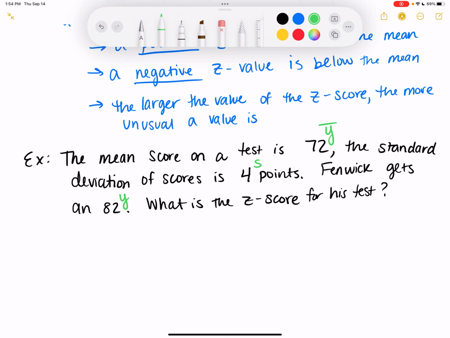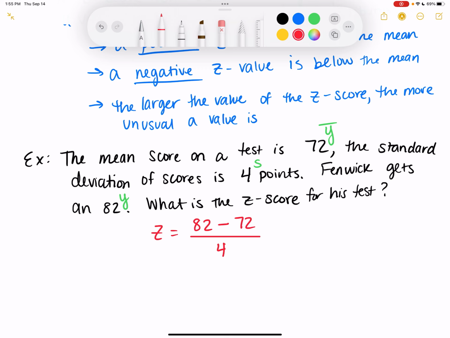And we want to know what the z-score for his test is. So z is equal to the actual, that's y, so 82, minus the mean, so that's 72, over standard deviation, which is 4.